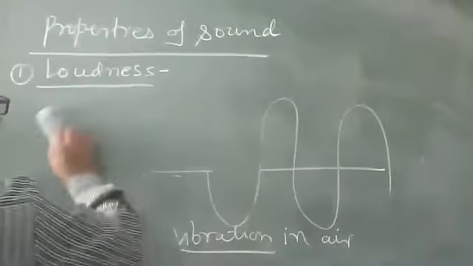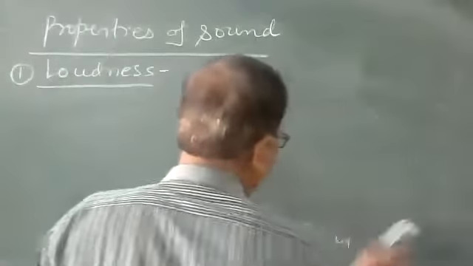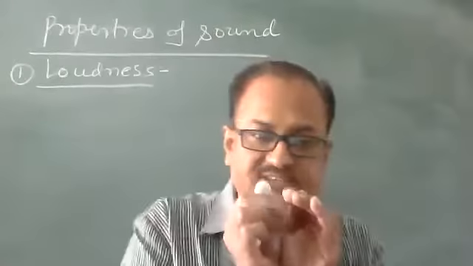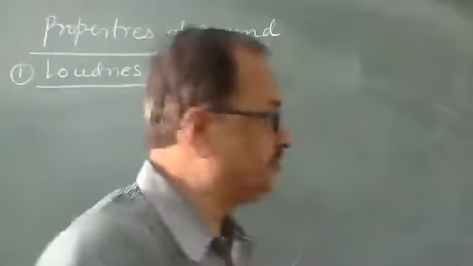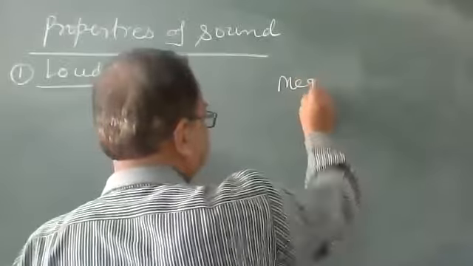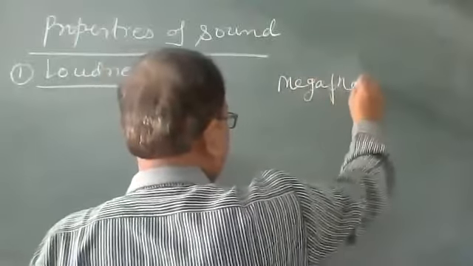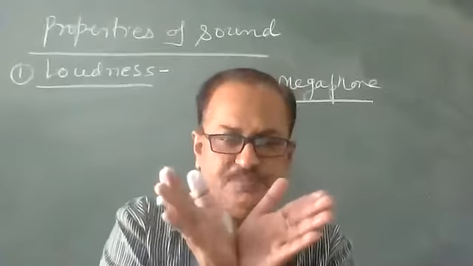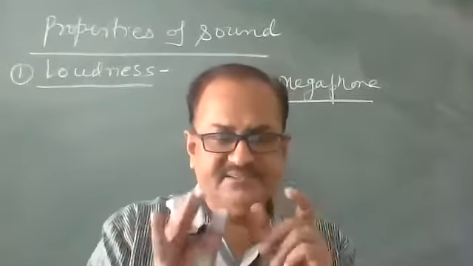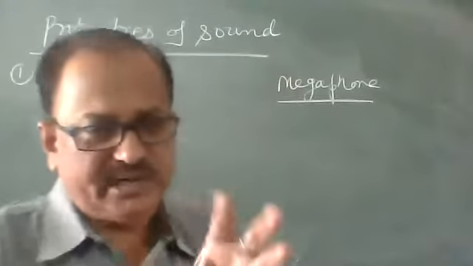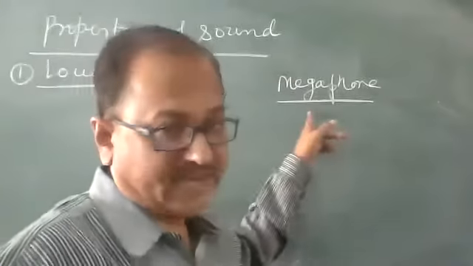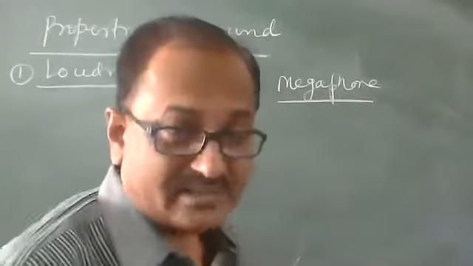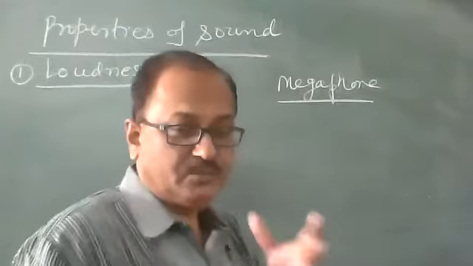So this is about the loudness of sound. So we do like this, or a megaphone is used. Megaphone: a simple small speaker, some batteries, some small electronic equipment. You might have seen the local sellers, they use the megaphone.